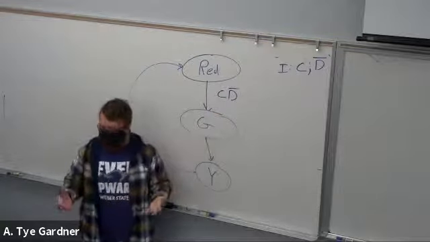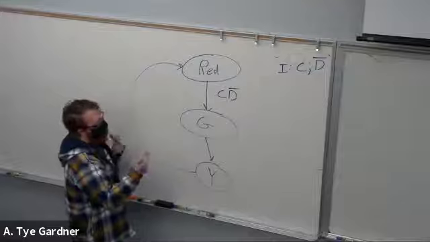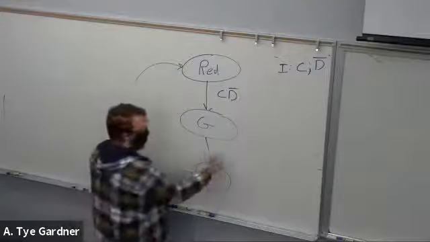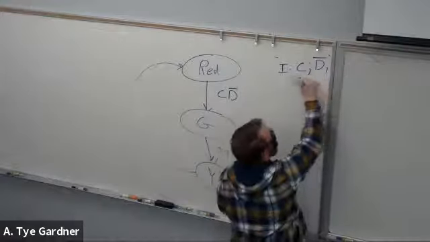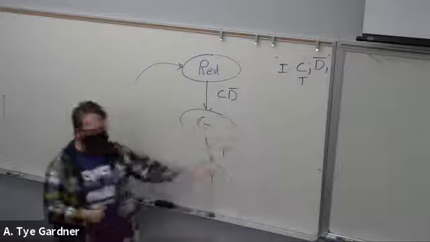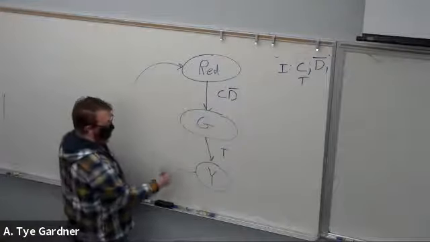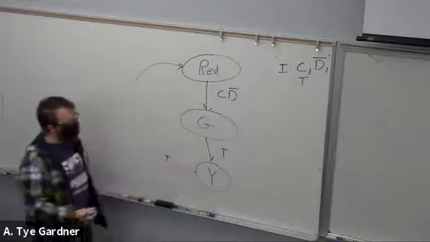Now we're going to stay green for, I don't know, some amount of time, right? And so I'll just call that T for timer. So it's just after some time. And again, I'll do that on yellow, T timer.